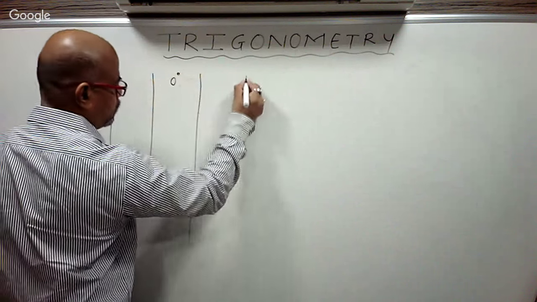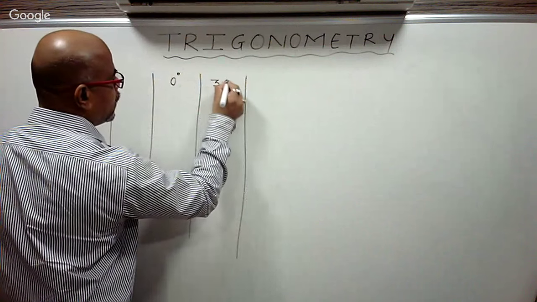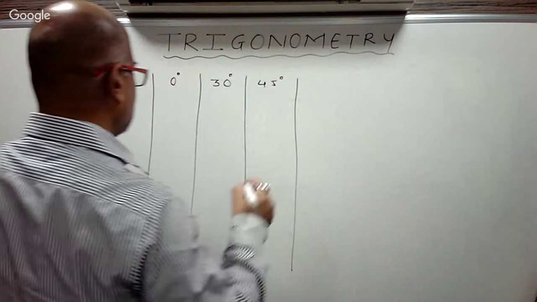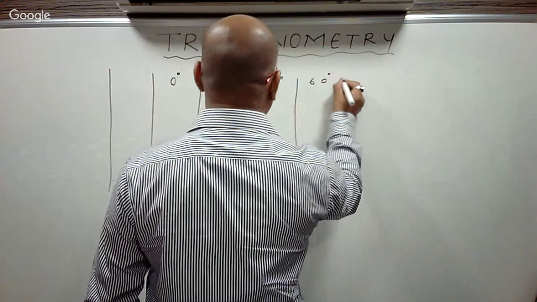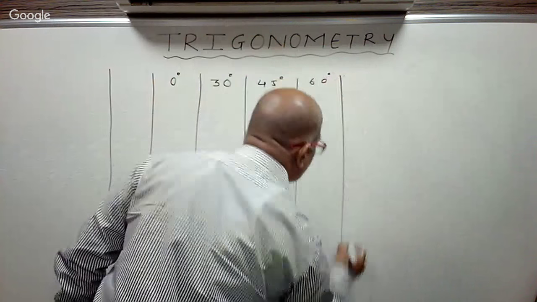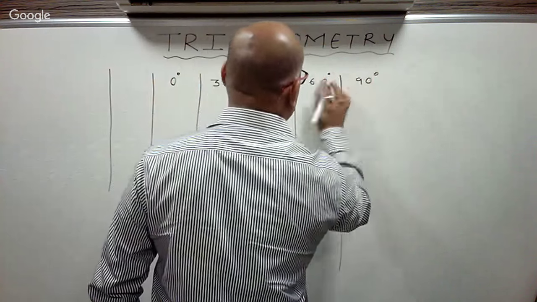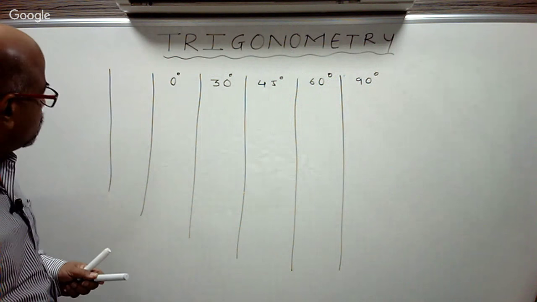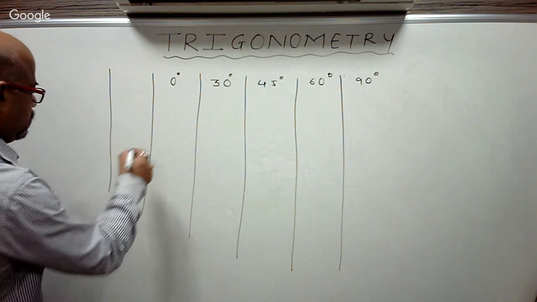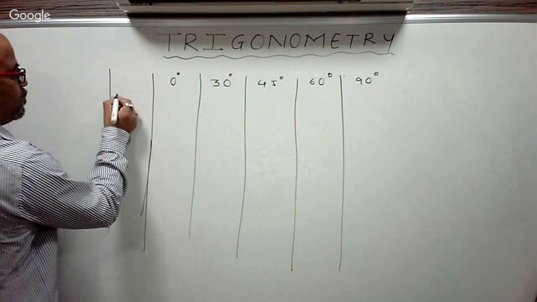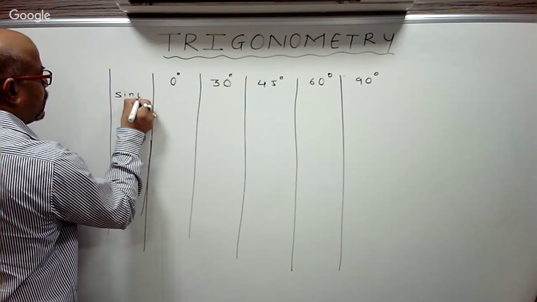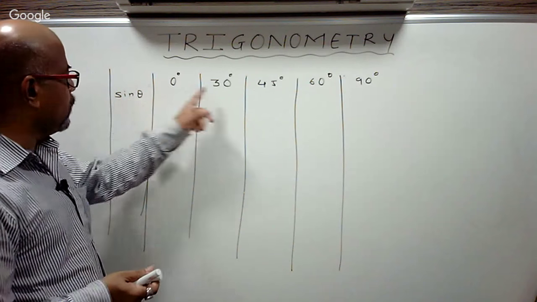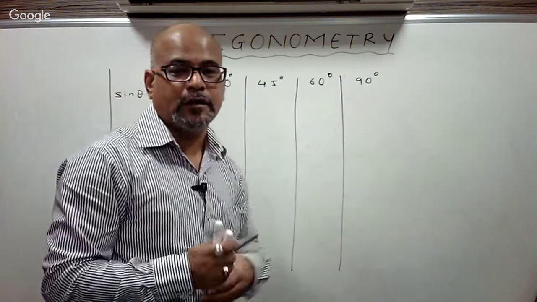Zero degree, then 30 degree, then 45 degree, then 60 degree, and the last one is 90 degree. First is sin theta. Sin 0, then we are going to write sin 30, 45, 60 and 90.